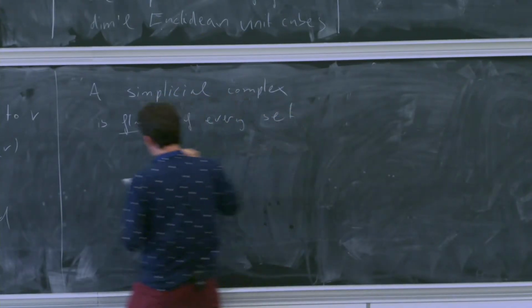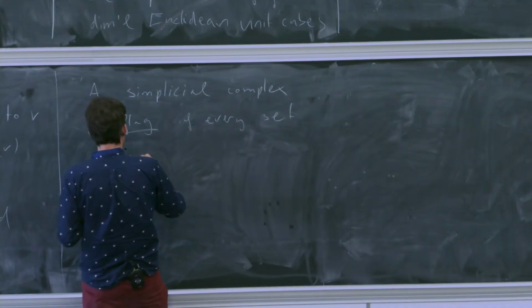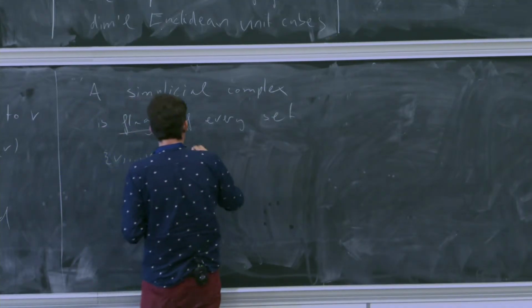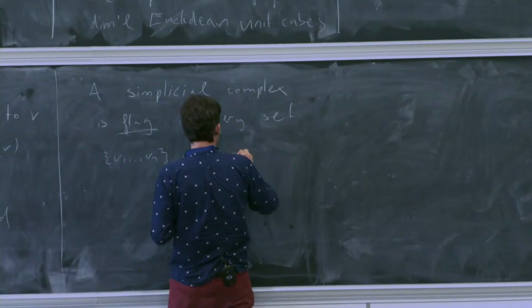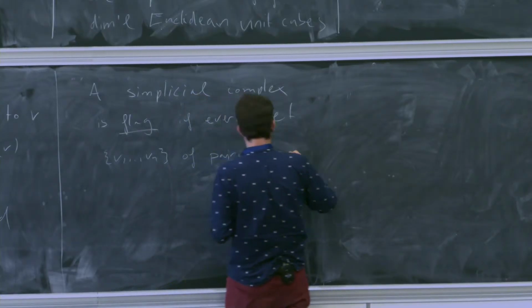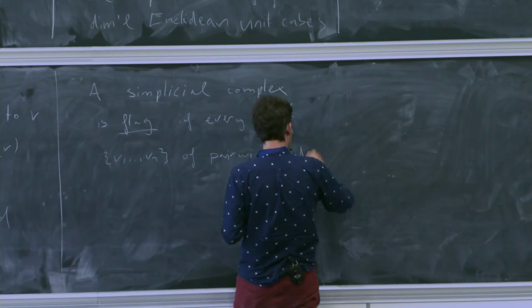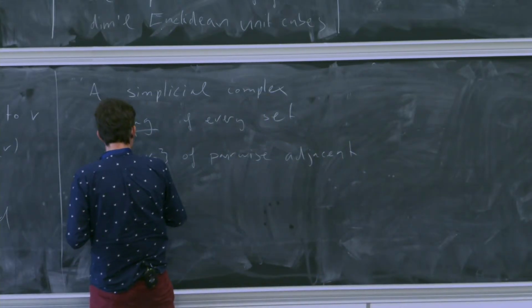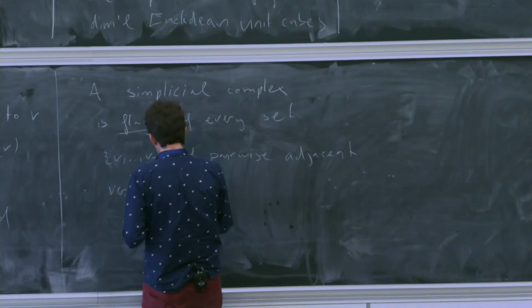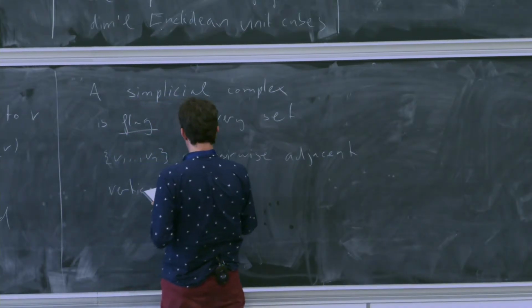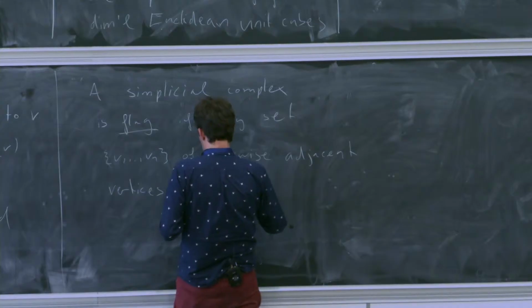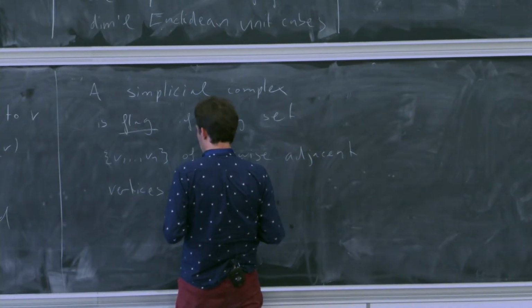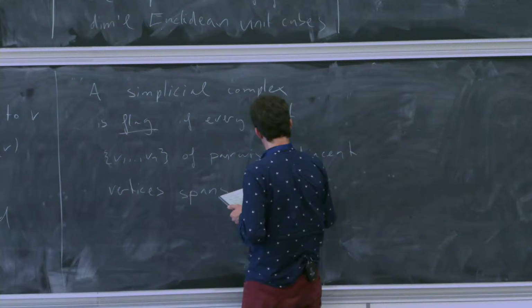So if every set V1 to Vn of pairwise adjacent vertices spans an n-1 simplex.